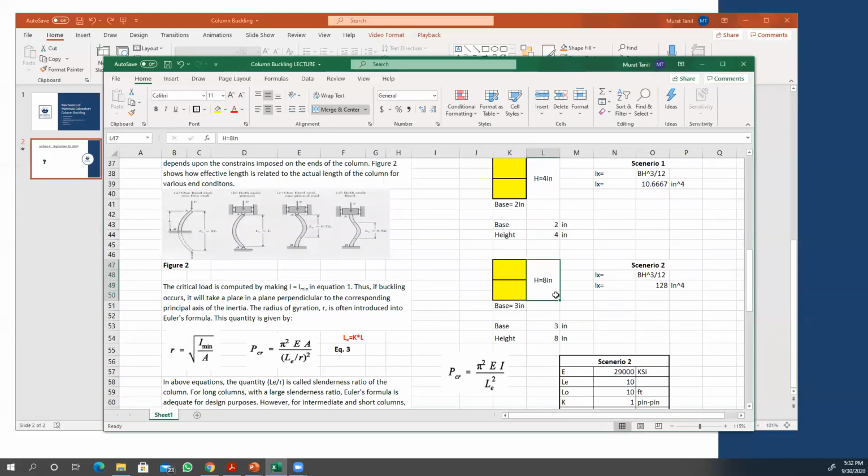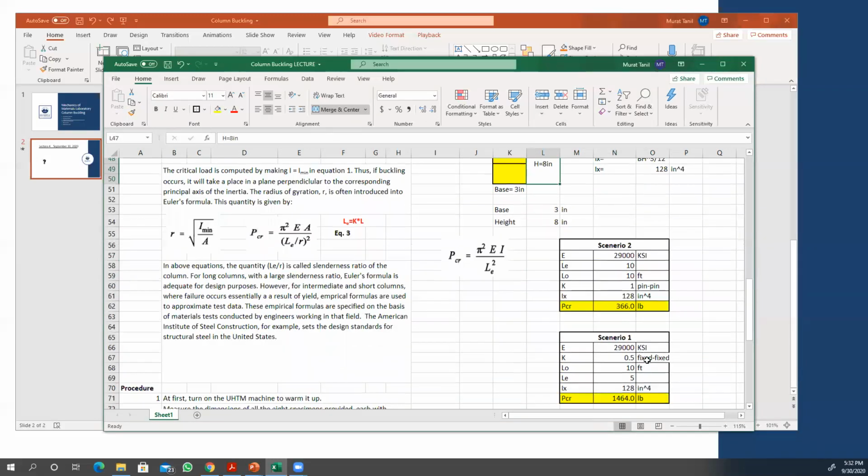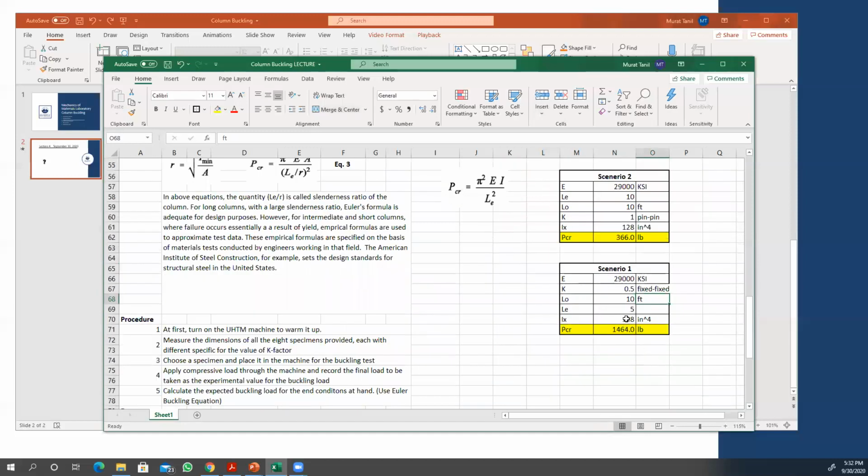Base is 3 inch, height is 8 inch. There is no difference on the column type, but the only difference is the connection type. So if I change the connection from pin to fixed, I increase the capacity, critical buckling capacity. Right or wrong? Tim? Yeah, that one's definitely much larger.